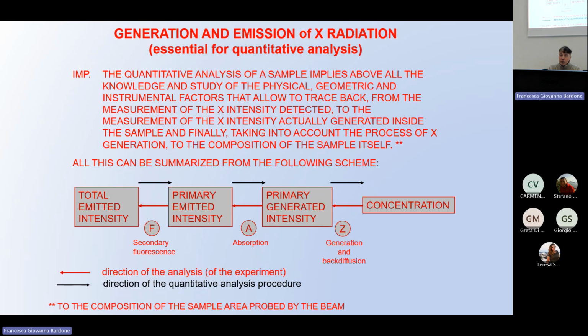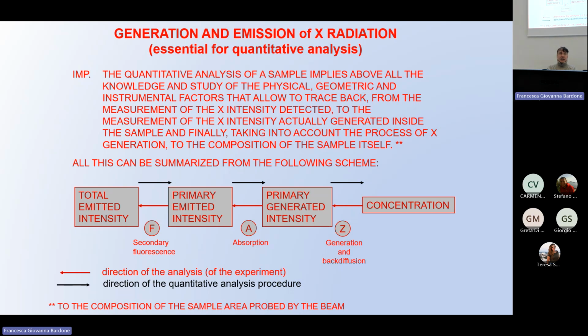So you need to know the absorption of X-rays inside the material. Factor A, absorption. Then you correct for the absorption, and you have the primary generated intensity. And from the primary generated intensity, you have the generation, the atomic number, what you are looking for.